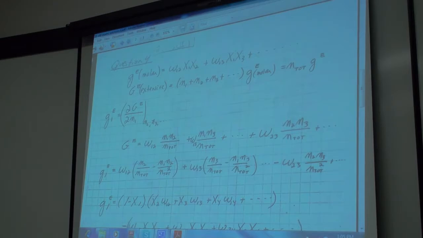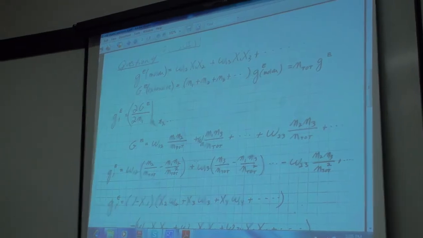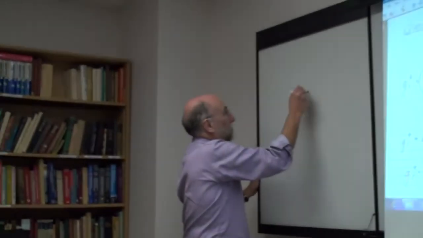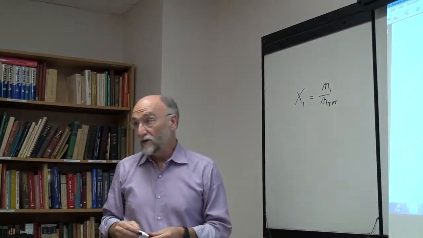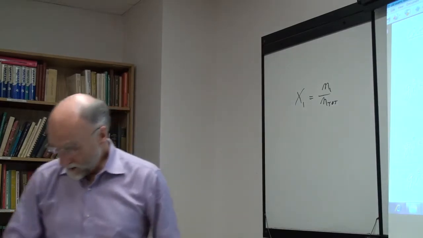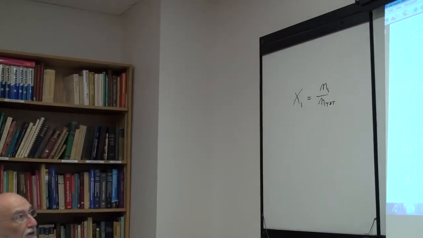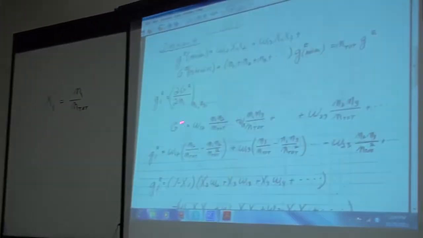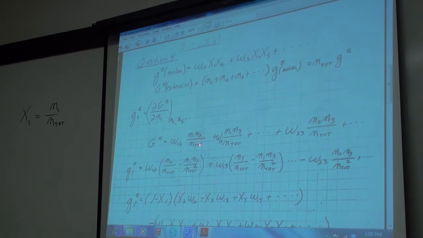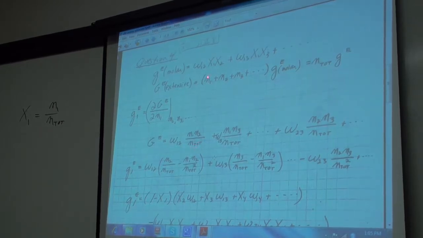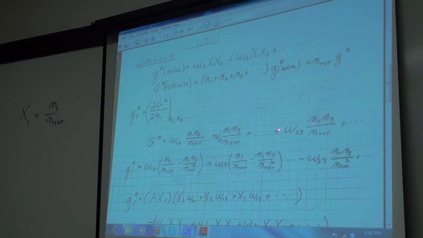And of course you can always write that X1, the mole fraction of 1, is N1 over N total, and so on for all the mole fractions. So these are all the same thing. You just have to be careful with mistakes. So X1 X2 is then N1 N2 over N total squared, multiplied by N total. Same thing for all of them.